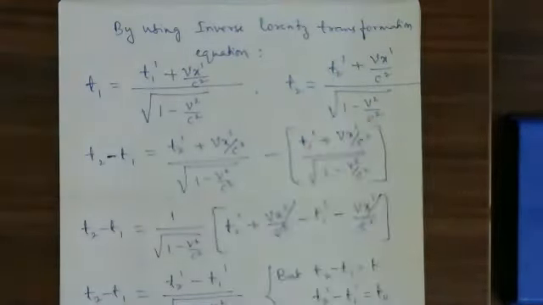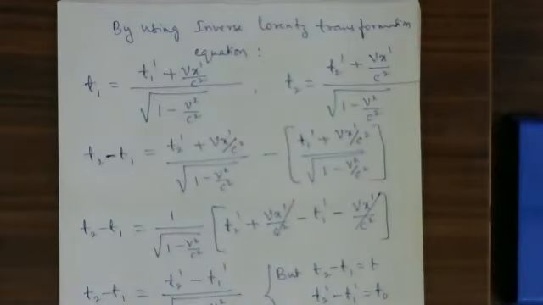Then T2 minus T1, this minus this. Taking the LCM and subtracting, you will get this. But this is a well-known thing. Already we have used it in the previous case. Substitute these two. See that slowly.